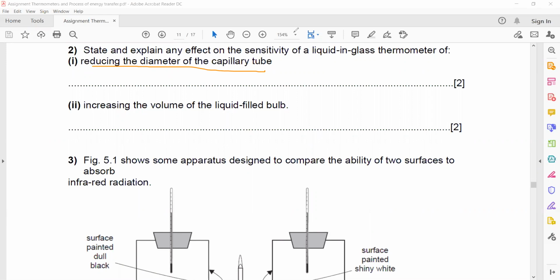If I use a thinner capillary, will it increase or decrease the sensitivity? It will increase the sensitivity, it becomes more sensitive. And how will it be more sensitive? Because the thread will move further, the liquid will rise more.